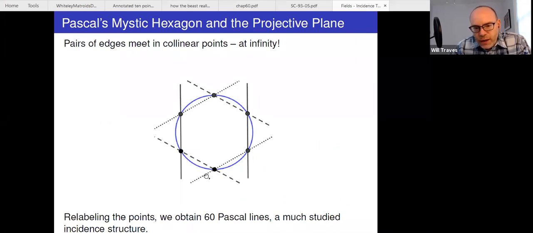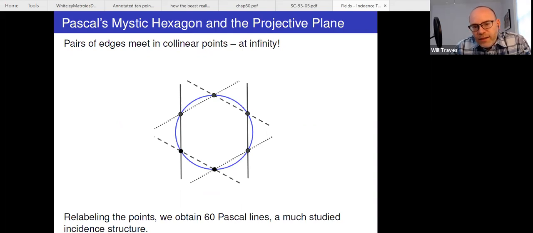And so their points of intersection, these 3 new points, ought to be collinear. But the lines that you have to intersect to produce these points are these parallel lines. And so there's this question about where do the parallel lines meet? Like, where are these 3 collinear points?